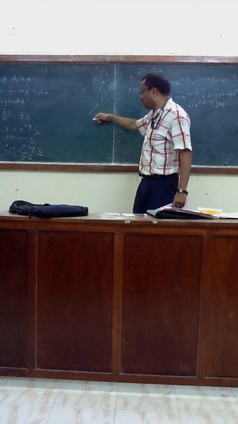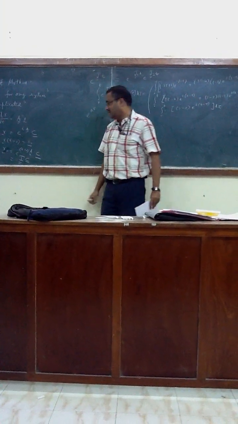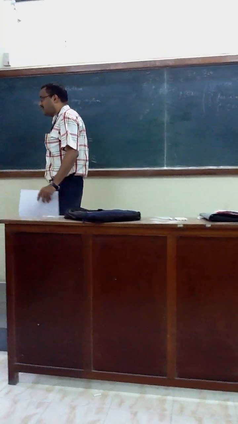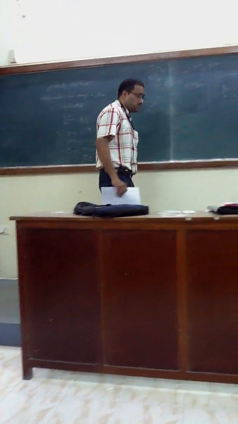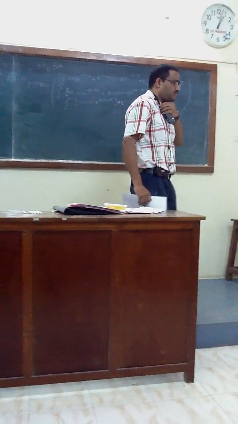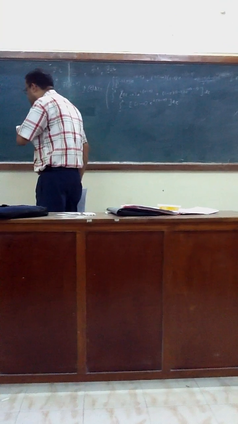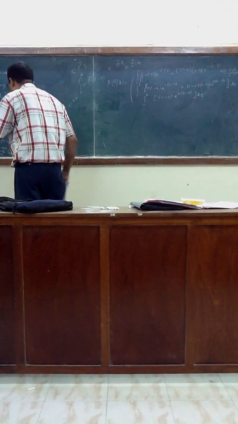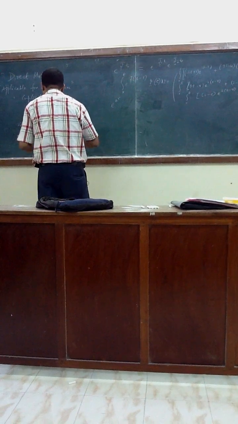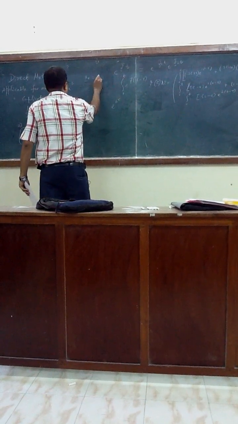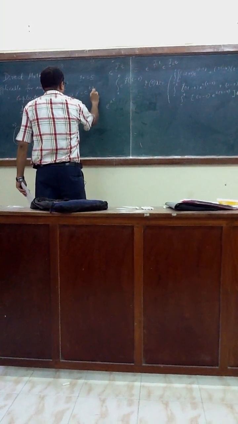So with the identity matrix, one can have x0 equals c. So your solution is x equals e to the power tA into x0. Direct method, no hidden thing, nothing is there. It is the direct method.